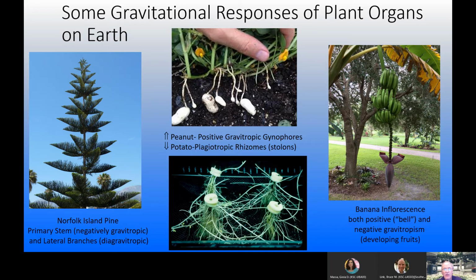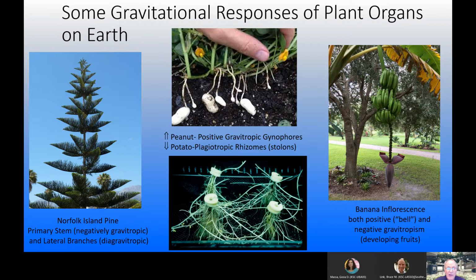And just to show you some real world examples of plant organs that are showing strong gravitational responses, here are some pictures. You see a Norfolk Island pine on the left there that's showing a strong negative gravitropic response in terms of the main trunk of the tree, while the lateral branches are showing what's referred to as a diagravitropic response, almost 90 degrees to the plumb line.